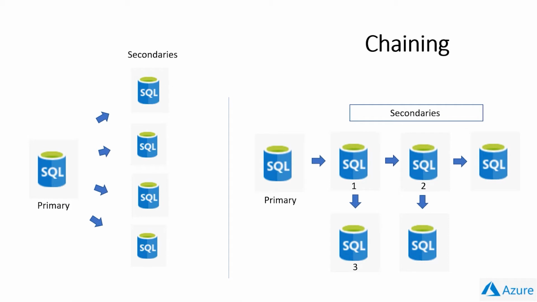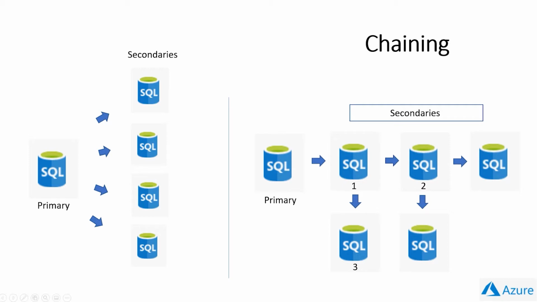We believe that all production databases should have at least 1 secondary for your disaster recovery strategy. I'm showing here an architecture: on the left, you can see how the primary has 4 secondaries. And on the right, we have something called chaining.